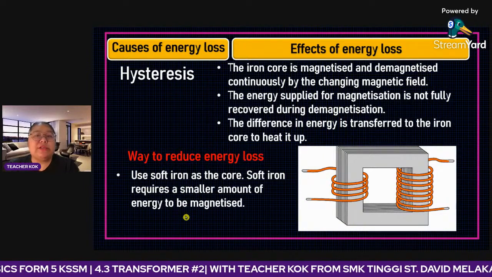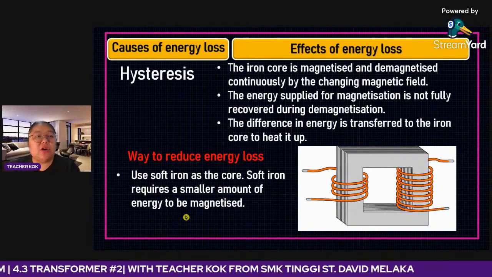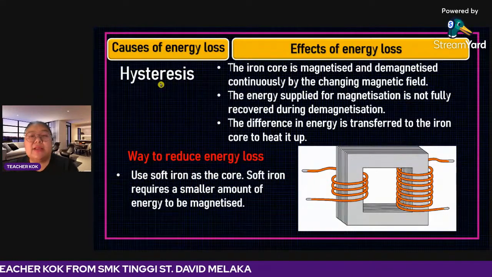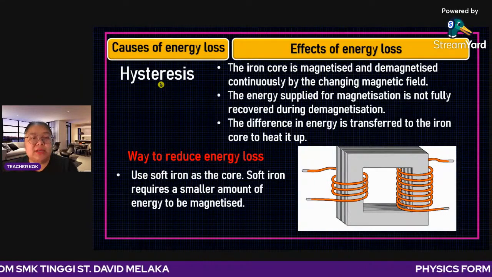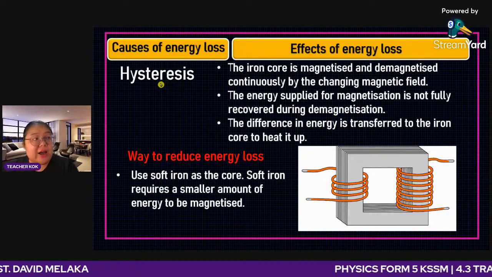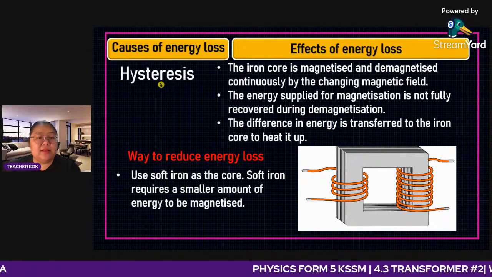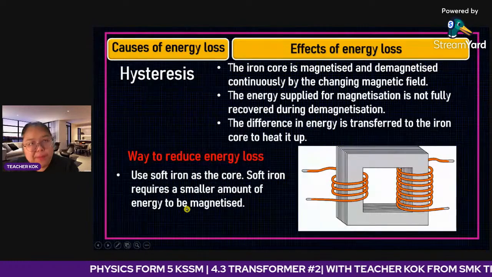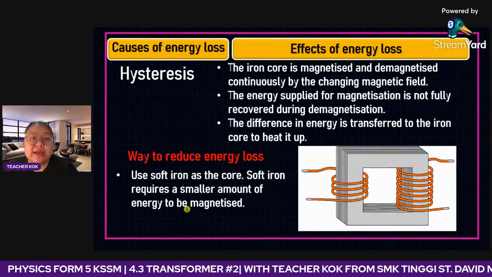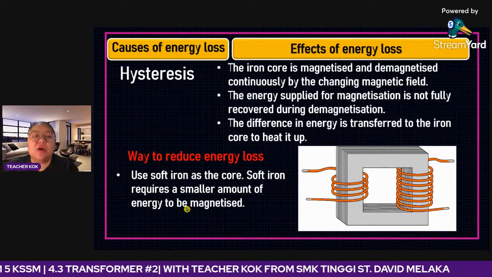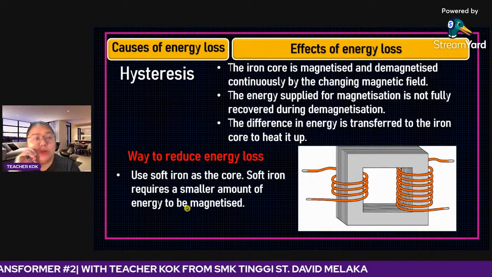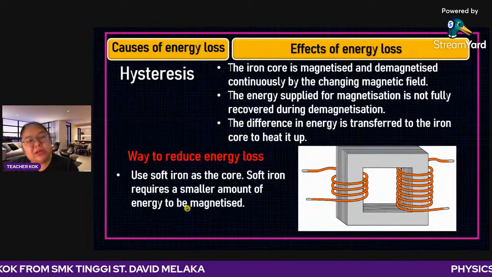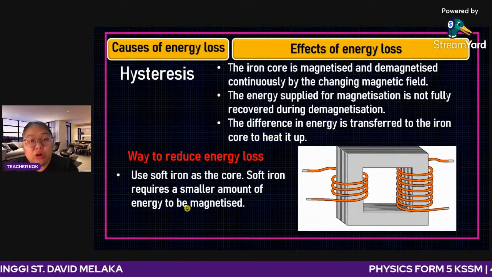Okay, so when the question asks you how to reduce energy loss, you can just say hysteresis. Then the reason is we use the soft iron core, which reduces the energy wasted when magnetized. Hysteresis is one of the words to explain magnetize and demagnetize. Some questions will ask what core you want to use.